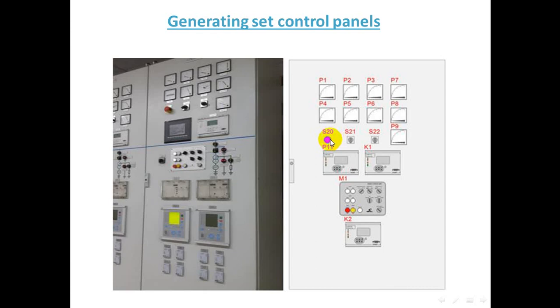So it's called the emergency stop. If there is any damage or fire in the power station, we must press S20 in the control cabinet.